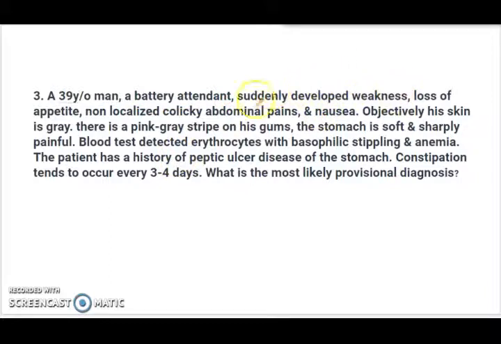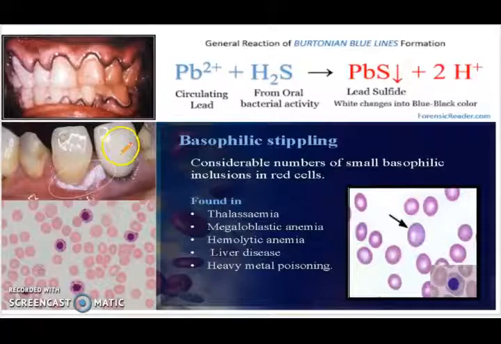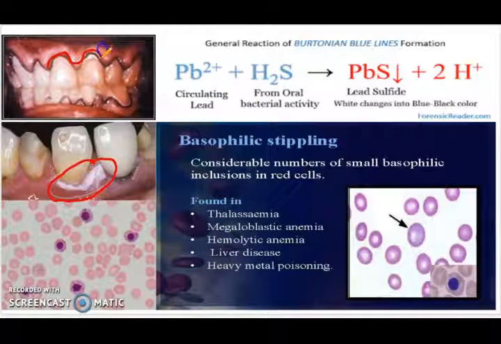The second hint is actually grey color of skin and pink grey stripe on his gums. This is very typical for lead poisoning, and this is called Burton's line. Here in the image you can appreciate the greyish stripe or line near the gum, right, on the gums, and here you can appreciate the bluish lines around the teeth on the gums, right?